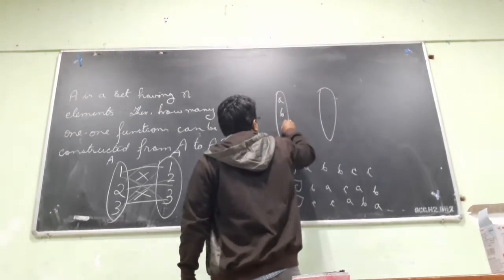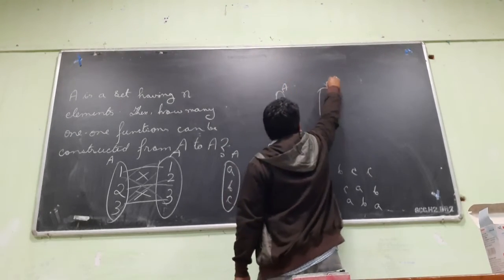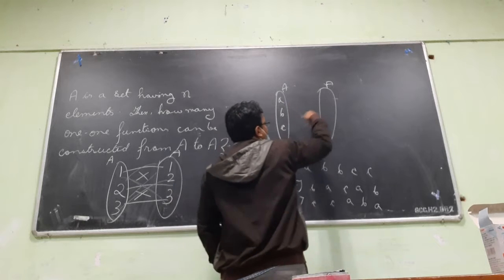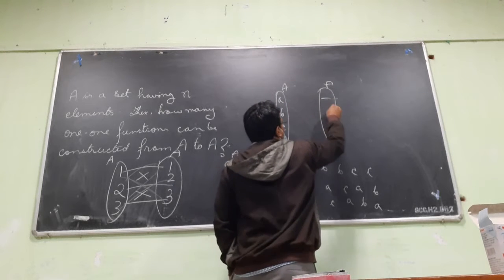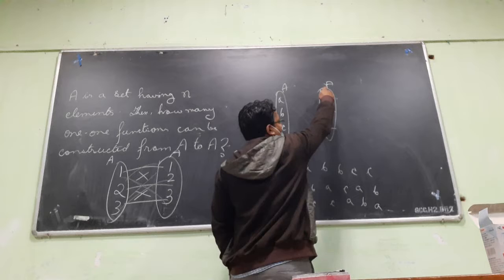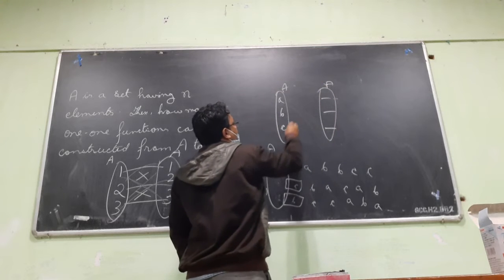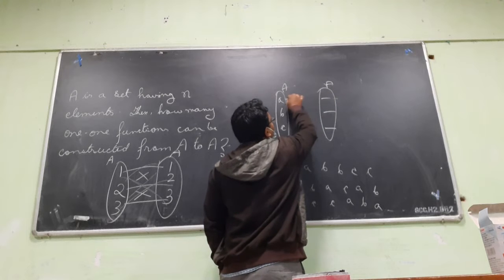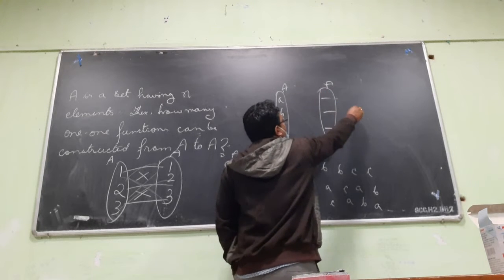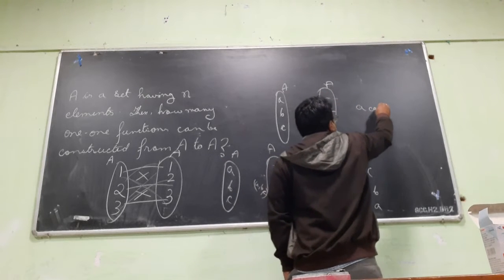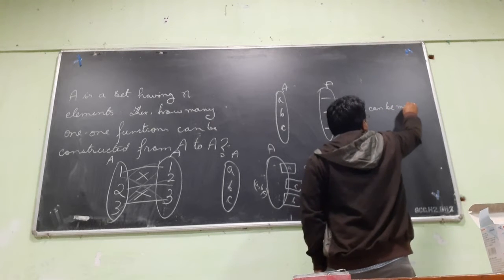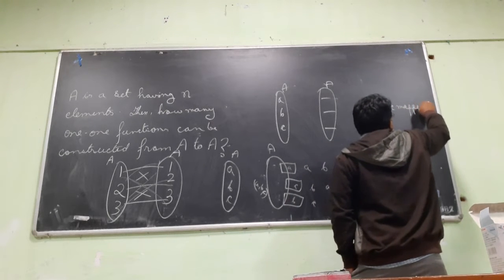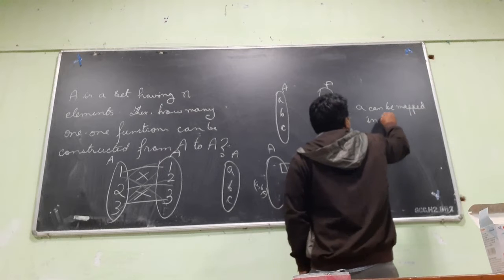Constructing a function from here to here is placing these elements in these boxes. So the second set also contains 3 boxes. The first element can be placed in how many ways? 3 ways.